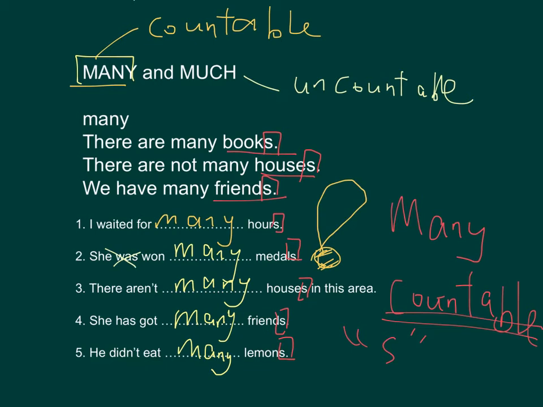For example, one exception is water. Water, is this countable? No, because you cannot count the number of drops of water. Right, so water is uncountable. Okay? Hope you understand. Now let's move on to the next page and see much.